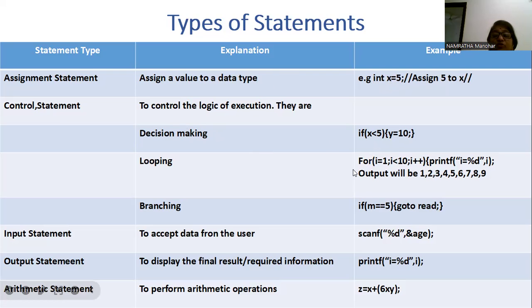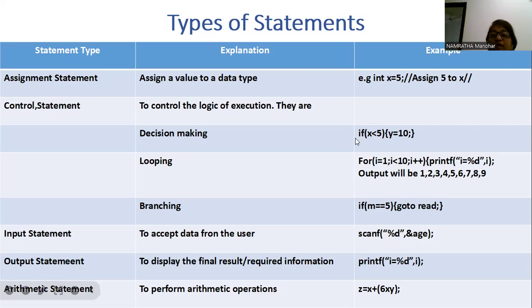Looping: say you want to do the same operation again and again. You want to add 10 numbers. You need not say sum is equal to a plus b, sum is equal to a plus c, and keep on repeating that set of lines, but you can put it in a for loop. For i is equal to 1, i less than 10, i plus plus, printf i is equal to percentage d, i.